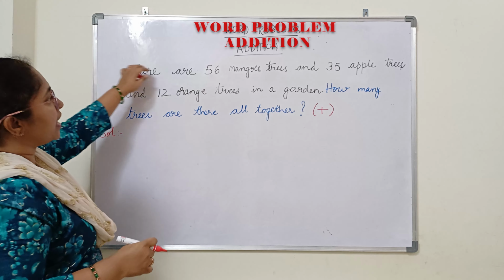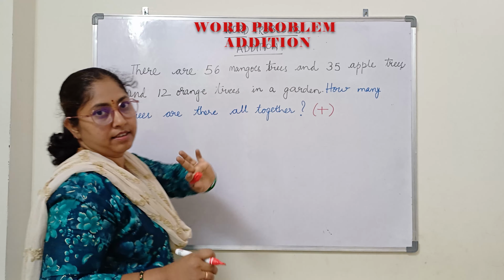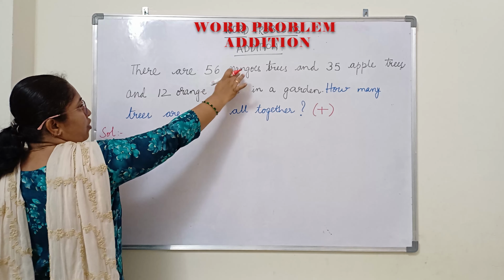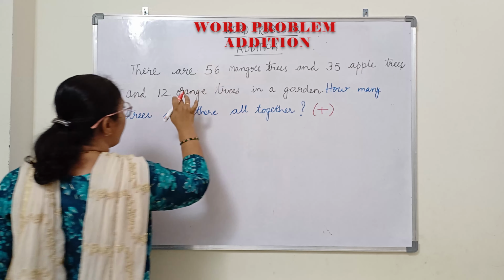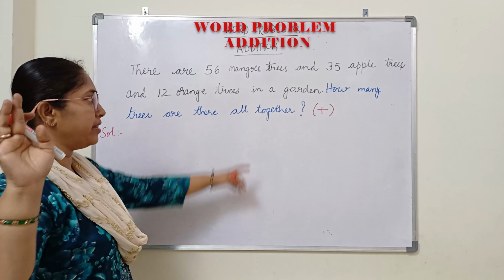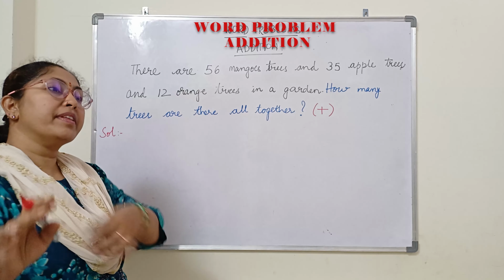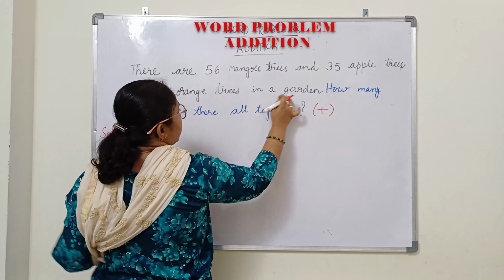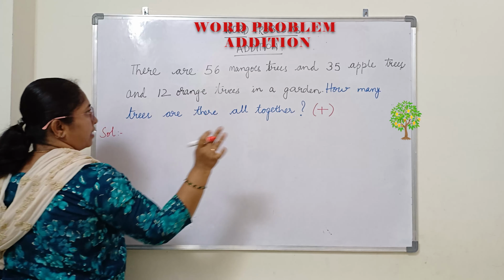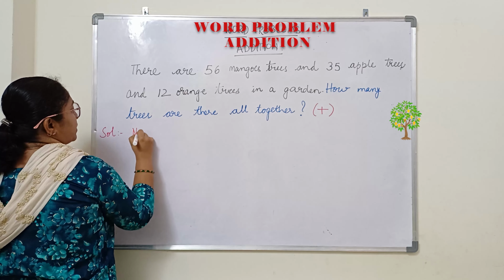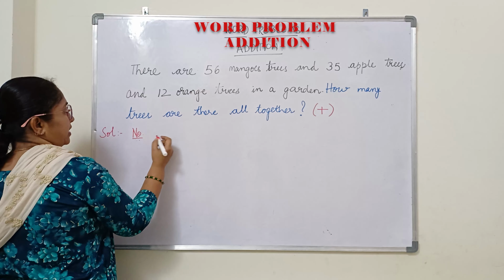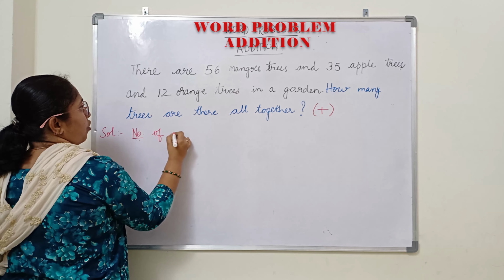What did they give? They have given about the trees. So what trees do you have? You have mango trees, apple trees and orange trees. Where do you have them? In the garden. So what will be the first statement? Number of mango trees in the garden. I represent number as NO here.